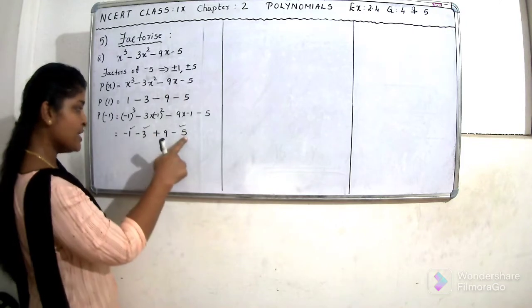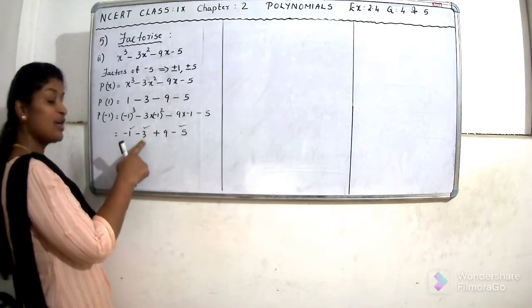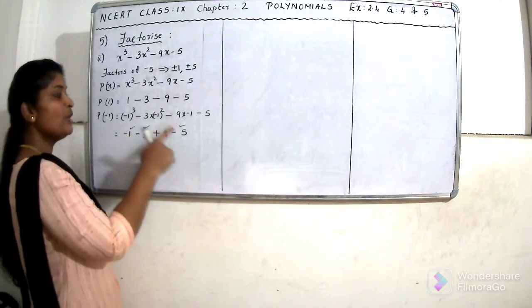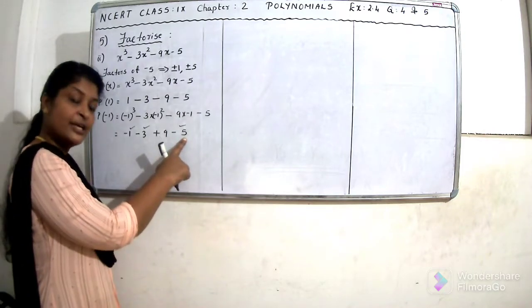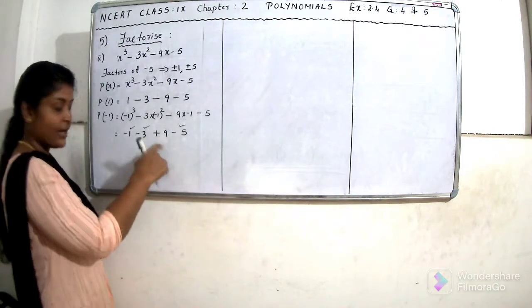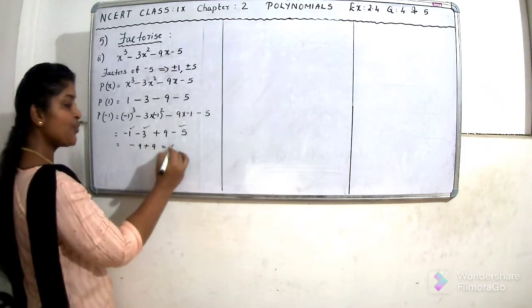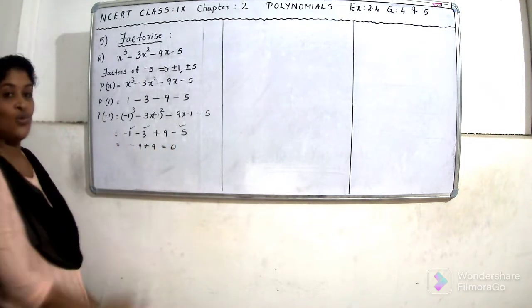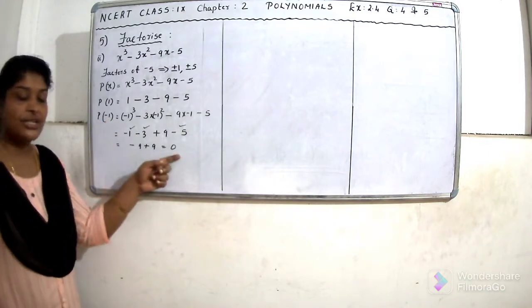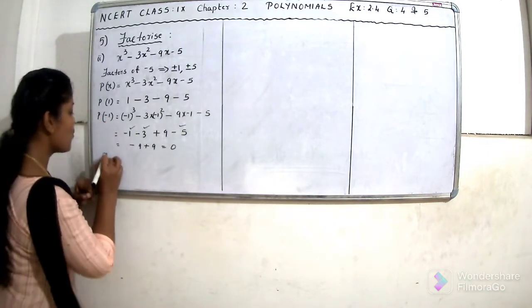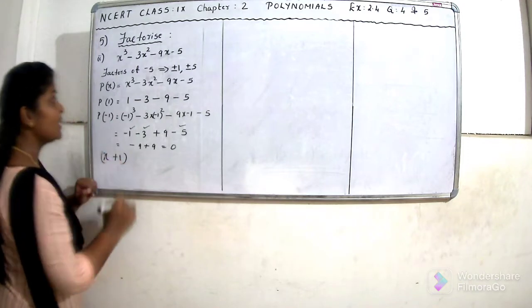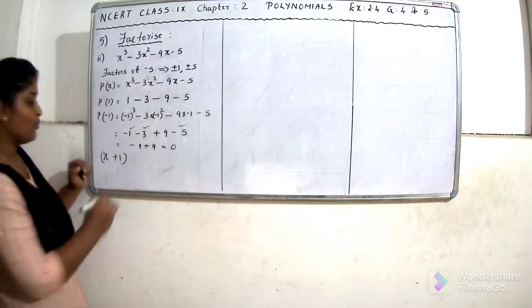Negative 1 and negative 3 is negative 4, negative 4 and negative 5 is negative 9, and this is positive 9. So negative 9 and positive 9 is equal to 0. So the value for which we got 0 is negative 1. So x plus 1 is a factor of this polynomial.